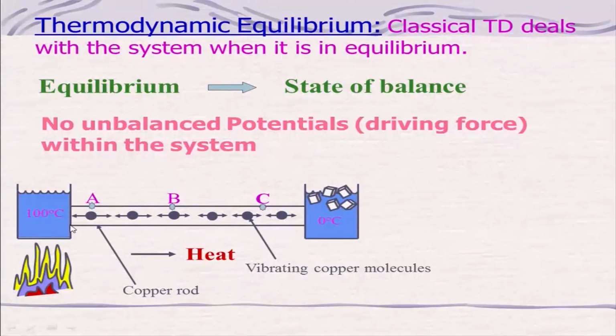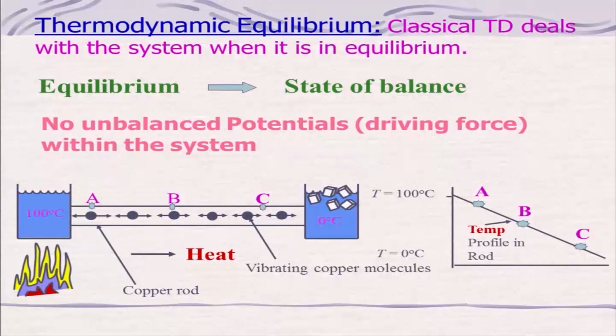Okay, so what I am considering is this copper rod as our system. Whatever diameter and length it has, that is our system boundary, the surfaces and all those things. So let us look at what is happening.